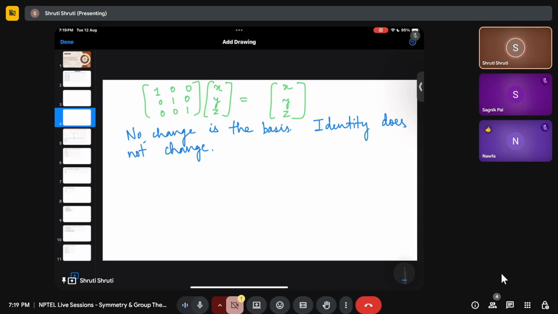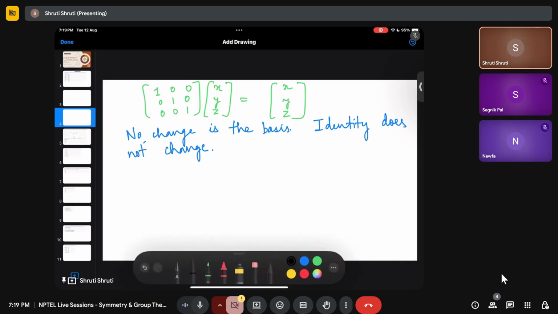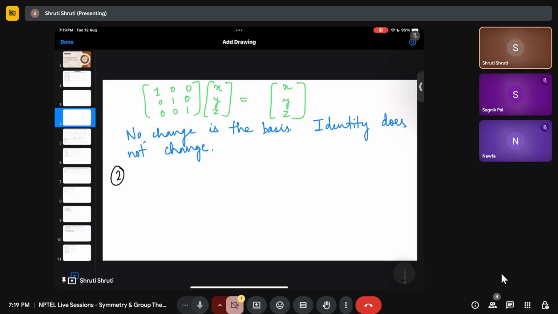Now come to the next one, which is reflection.